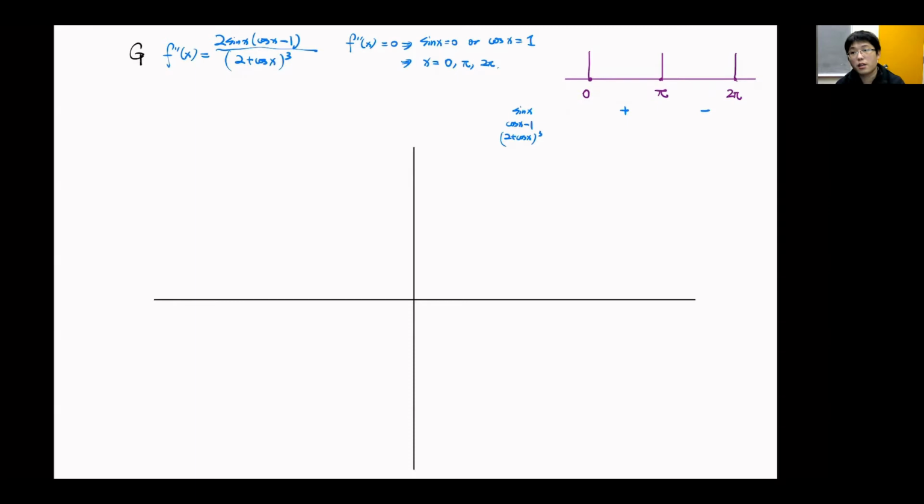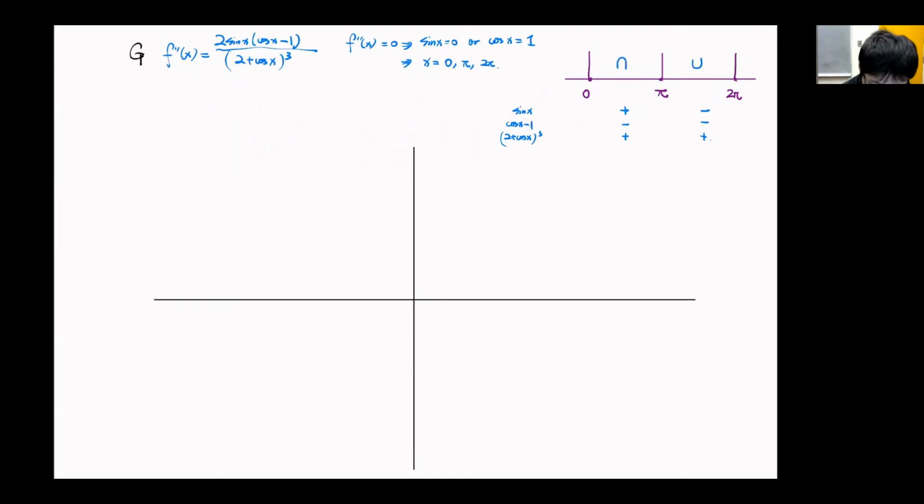You can see this either by the graph of the sine function, or you could substitute the point x equals pi over 2 or x equals 3 pi over 2. The first value gives you 1, the second gives you -1, so that way you get the sign. Cosine of x minus 1 is always negative, and finally 2 plus cosine of x to the cube is always positive. All right, so this way I see that my function is concave upward and downward respectively on these intervals.